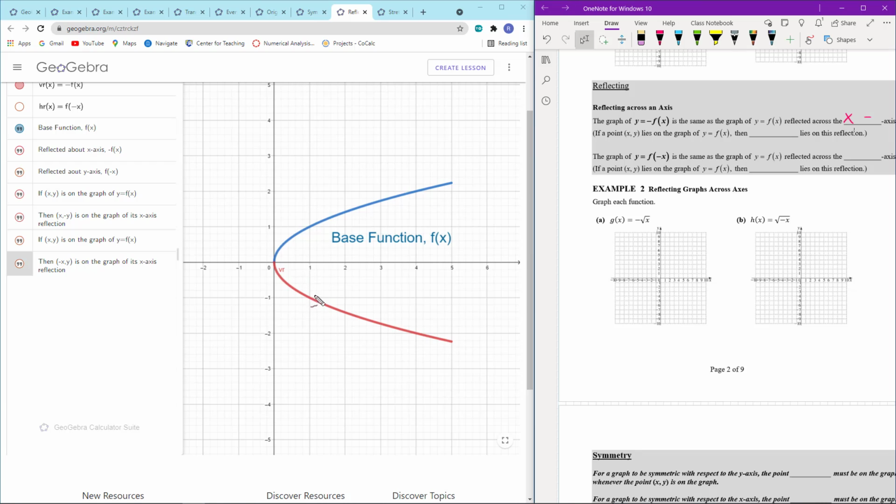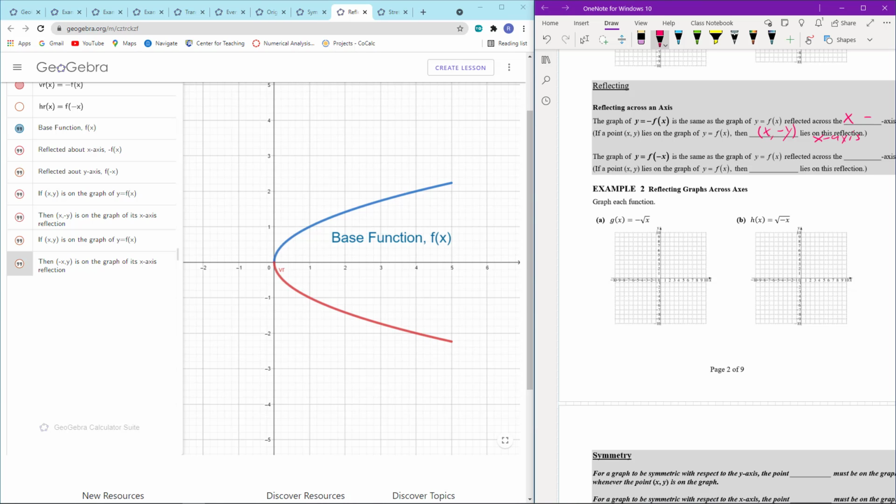Moreover, since this is a reflection, every point that lies on our base function, like this one right here, if this point x, y lies on the base function, then the point x, negative y will lie on its reflection about the x-axis.